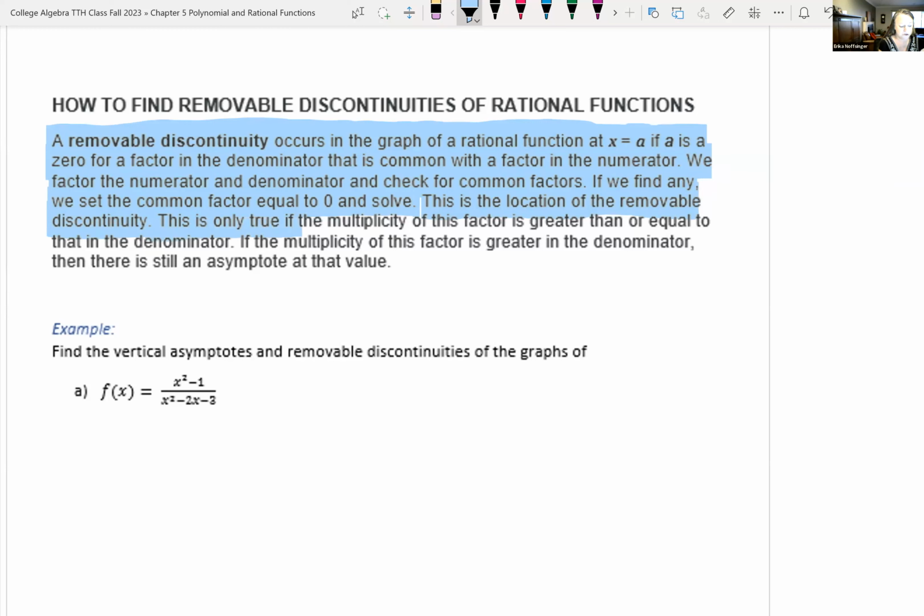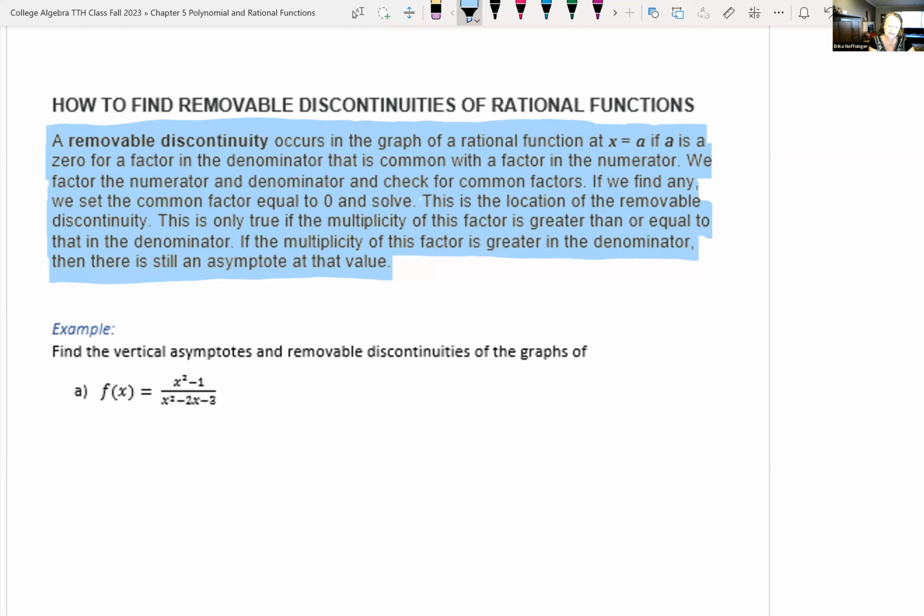This is only true, though, if the multiplicity of the factor in the numerator is greater than or equal to that in the denominator. So if the multiplicity of the factor is greater in the denominator, there will still be an asymptote at that value.